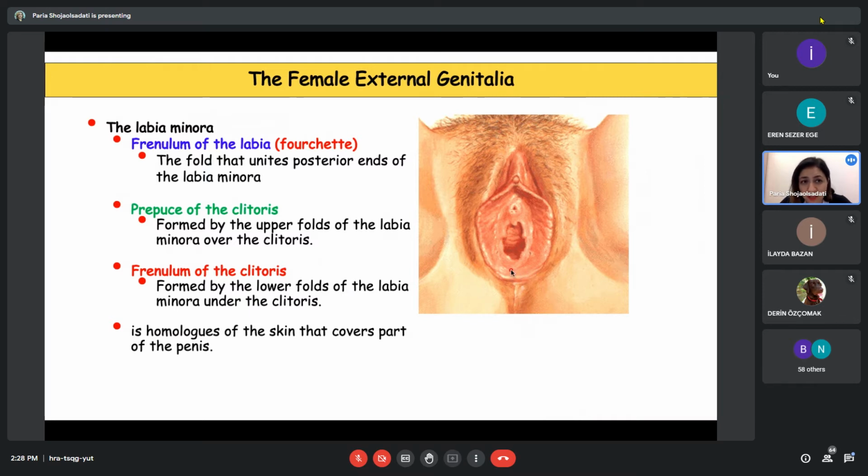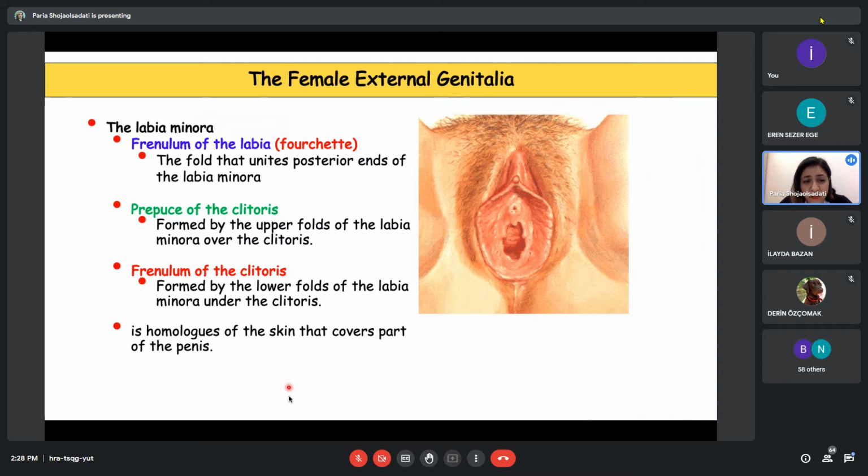The prepuce of the clitoris, like the prepuce of the penis, is the little portion of the labia minora that covers the glans of the clitoris. The frenulum of the clitoris is made by the labia minora on the lower side of the glans clitoris.